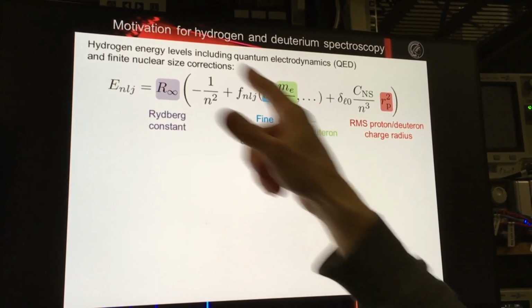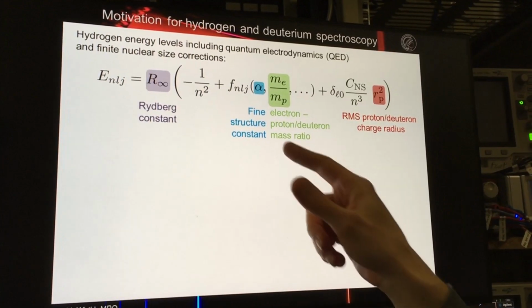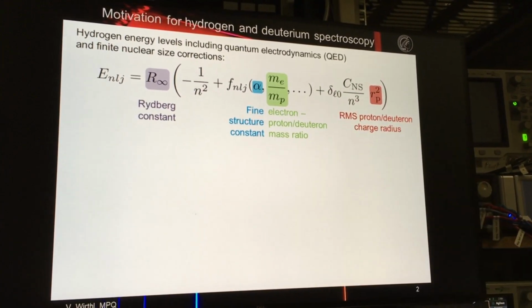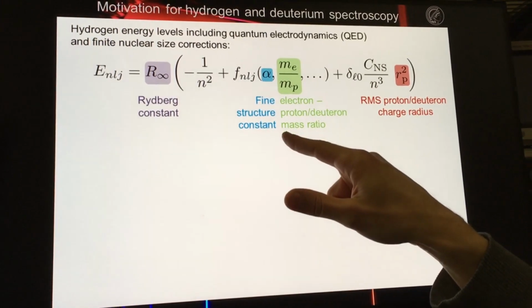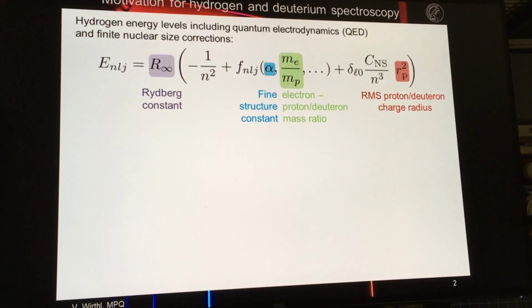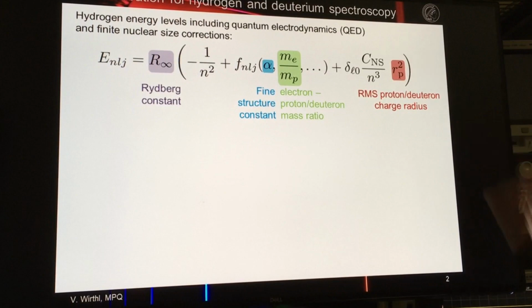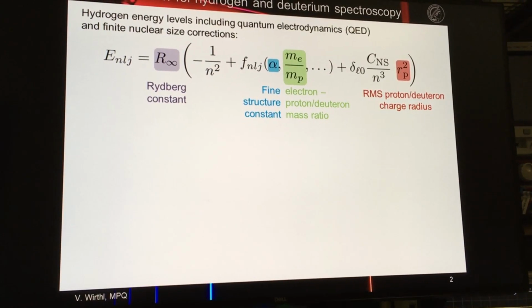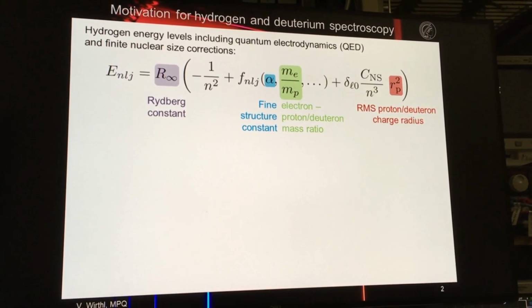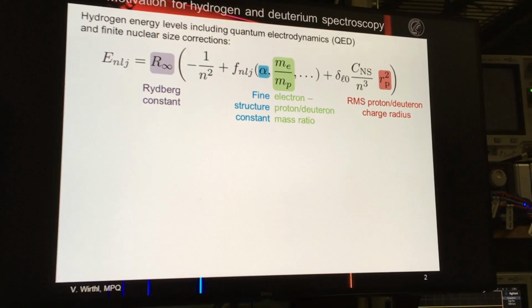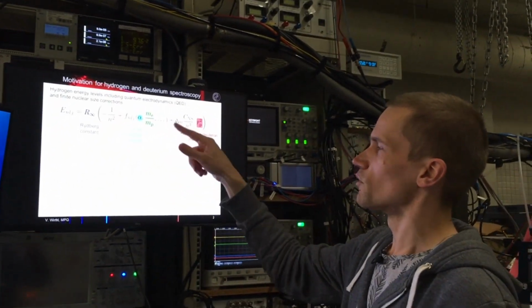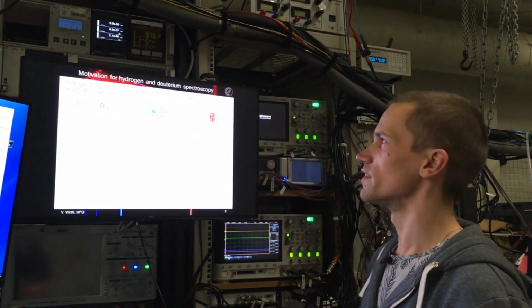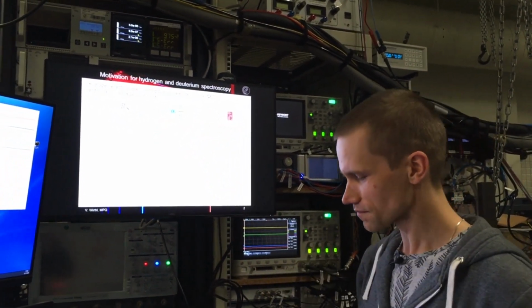And so the energy levels of hydrogen are basically dependent on four natural constants: the Rydberg constant, the fine structure constant, the electron to proton or deuteron mass ratio, and the proton and deuteron charge radius. There are other constants entering this relativistic and quantum electrodynamic contribution, but they only need to be known very roughly. So basically there are four parameters.